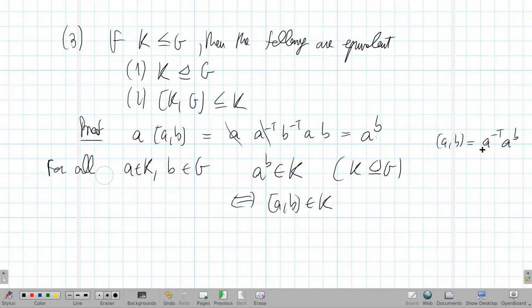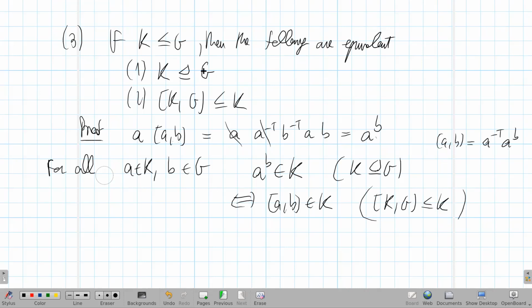So again, if this is in K and this is in K, then this is in K. So since A is in K, this is in K if and only if this is in K. And this proves the fact, because this means that it's normal. And if I quantify for all A in K and B in G, this means that the commutator between K and G is contained in K.